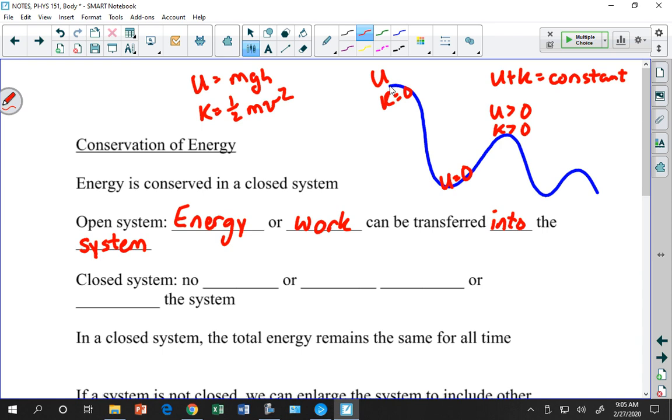It means that you can give energy or you can do work on the system and change the total amount of energy that it has. And in a closed system, no energy or work enters or leaves the system.